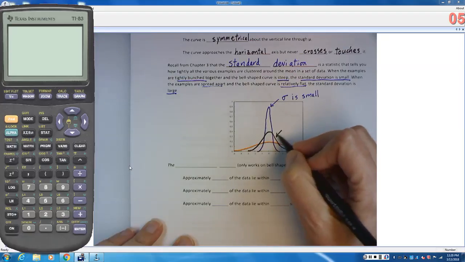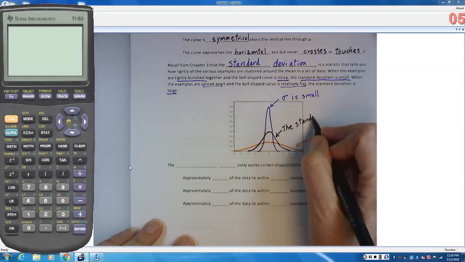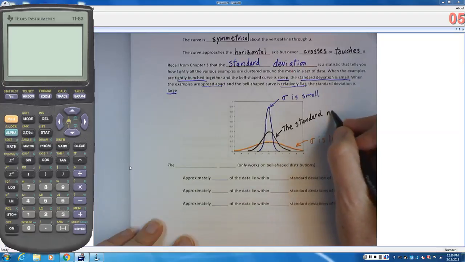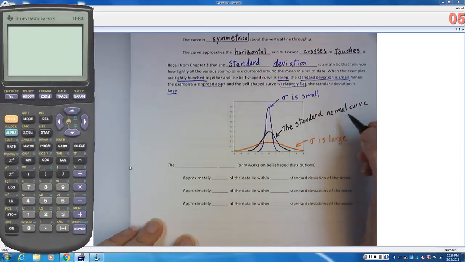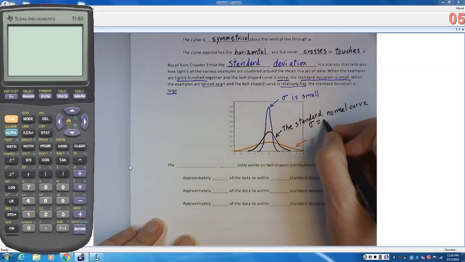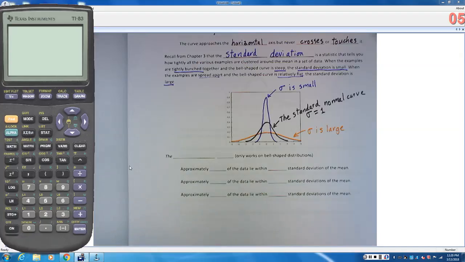This is the standard normal curve, and sigma equals 1. So there's sigma small, sigma large, and that's the standard normal curve, sigma is 1.